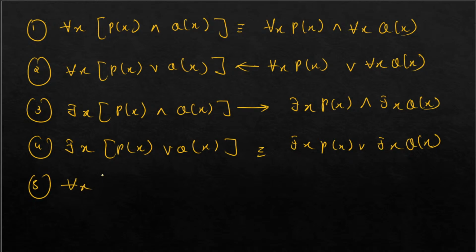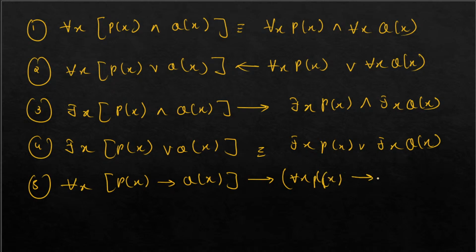For all x, Q of x, P of x. So for all x P of x, there exists for all x Q of x.